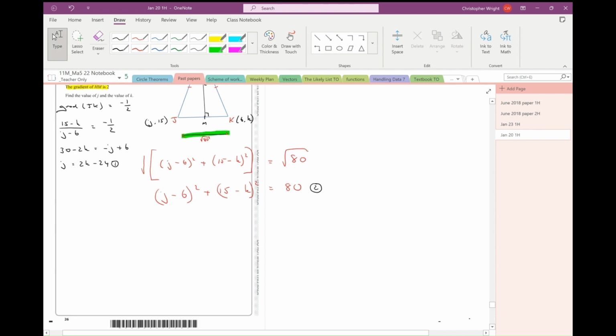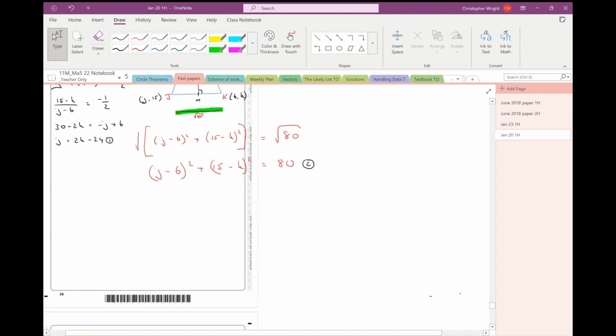And I'm thinking all I need to do is substitute my expression for j from equation 1 into equation 2. So let's have a look. Instead of j, I'm going to substitute 2k minus 24. So this is going to give me (2k minus 30) squared plus (15 minus k) squared equals 80.